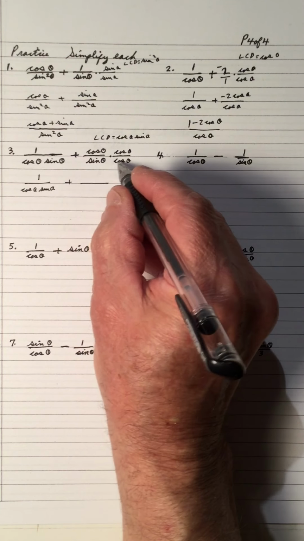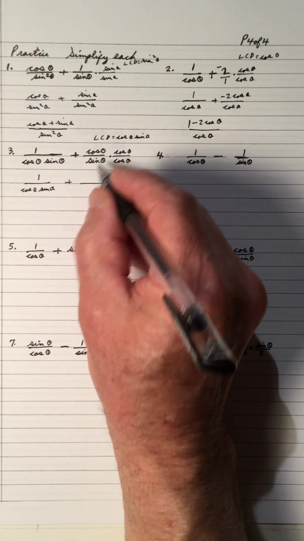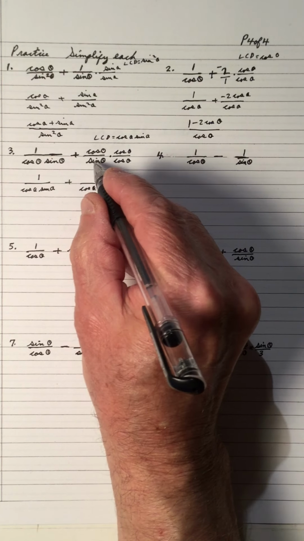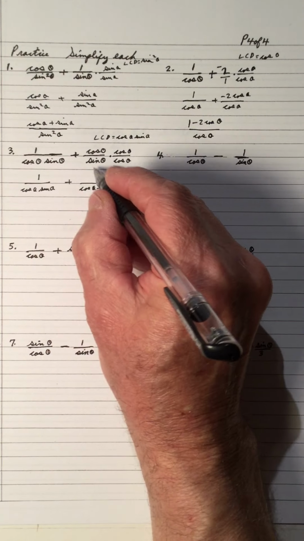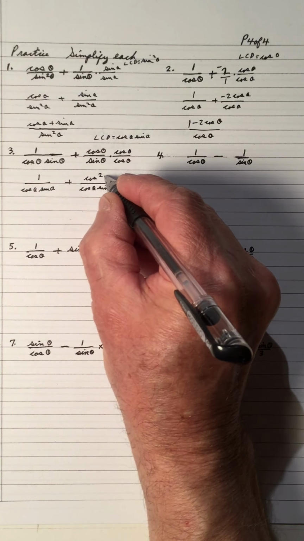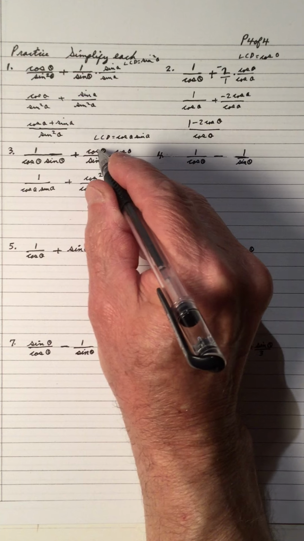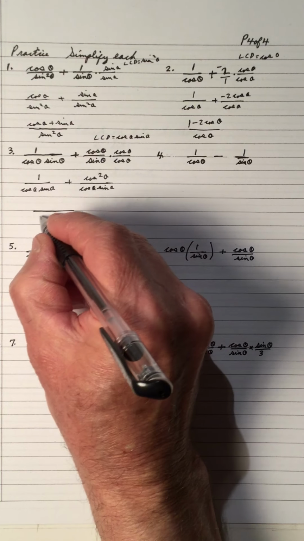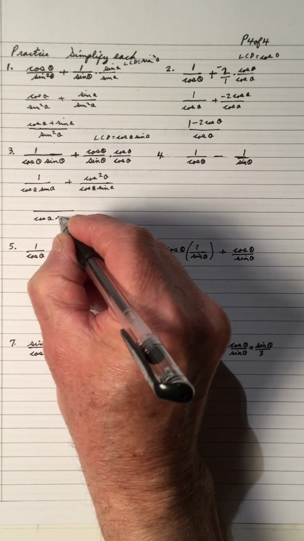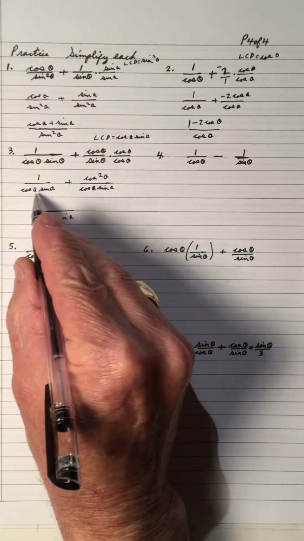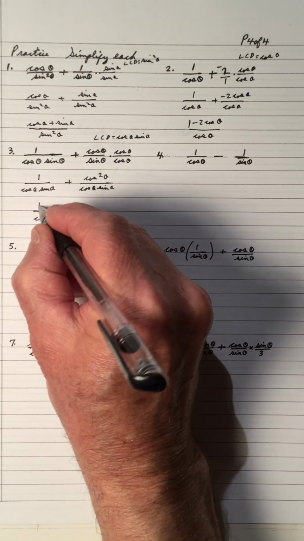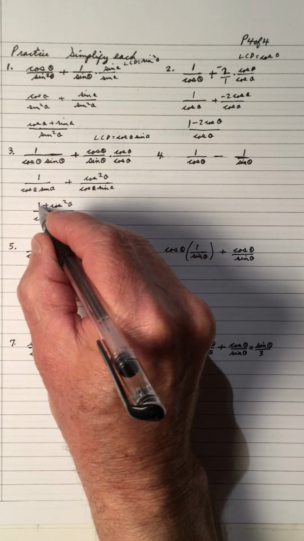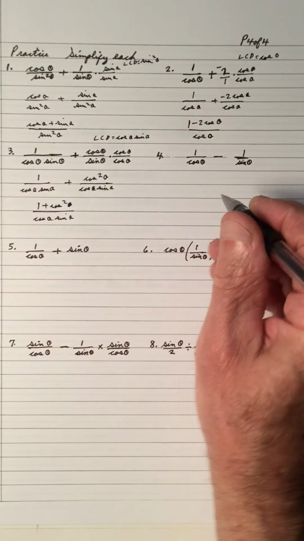Add, common denominator, and now you could say sine cos, but I can write it the same as the first one, because sine times cos is the same as cos times sine, and the numerator is cos squared theta, cos theta times cos theta is cos squared theta. And we have the same denominator, which is cos theta sine theta. Notice the two of them are the same. And we add, but we cannot combine them because they're not like terms. So it's 1 plus cos squared theta.